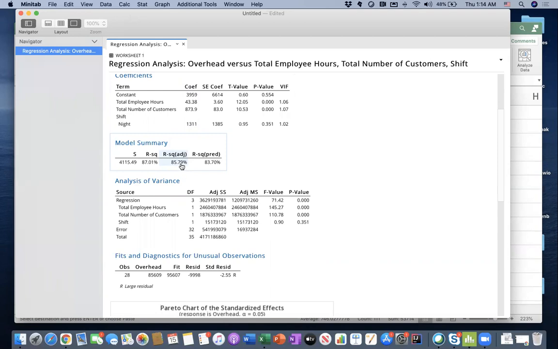It is 85.75%. This adjusted R-square value is going to be used when you play with these predictor variables. In a moment, I'm going to take this shift out, and then you will see that my R-square value is going to change.